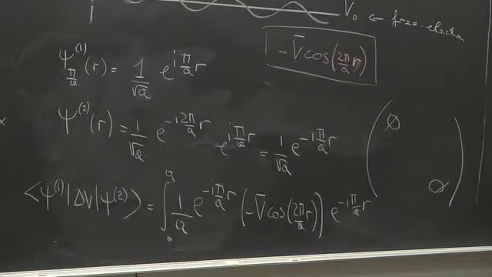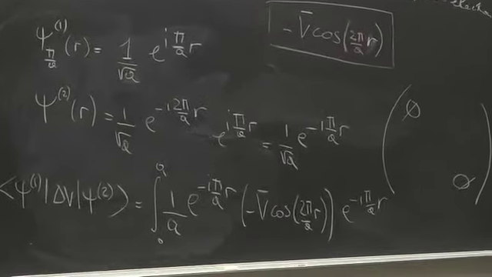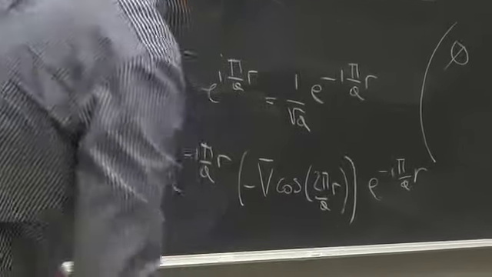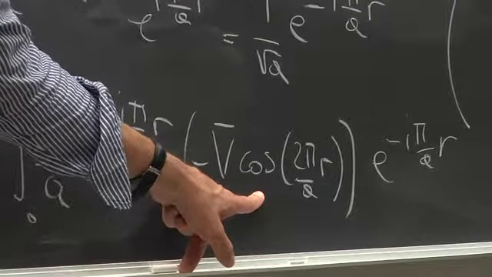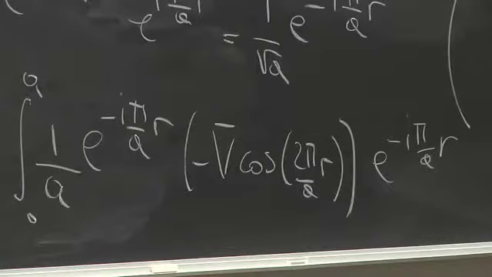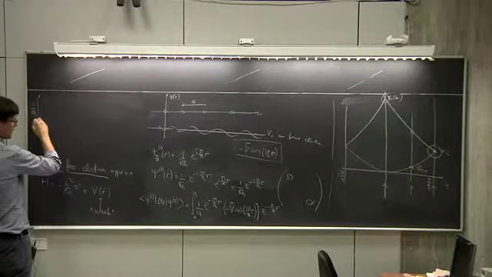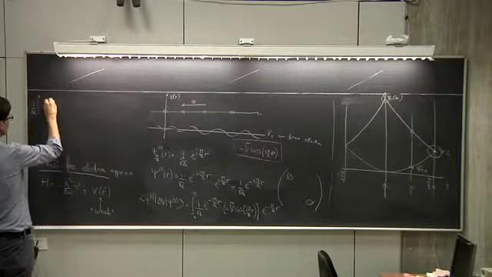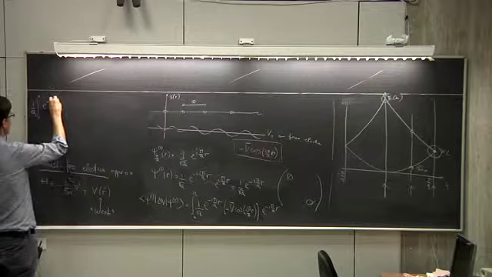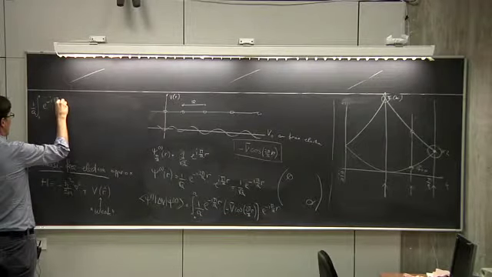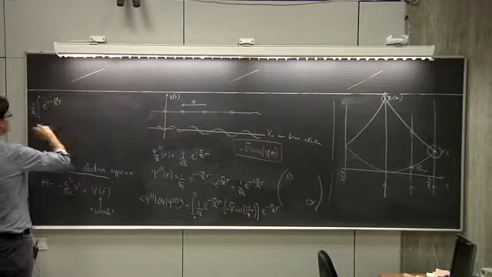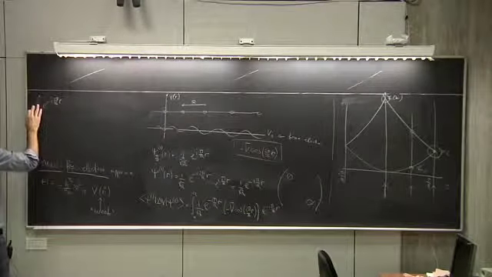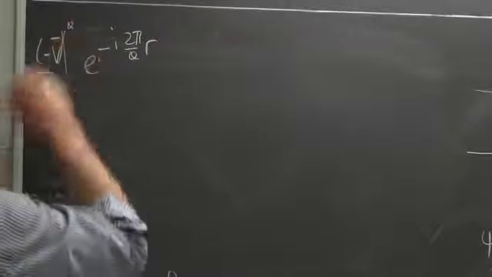I guess I need to use this portion of the blackboard to continue this. Now what I'm going to do is decompose the cosine into exponentials. So I'm going to continue this and write it as 1 over a, e to the, let me group the two exponentials, minus i 2 pi over a r. This is the product of this times this. Let me also put the minus v here in front.